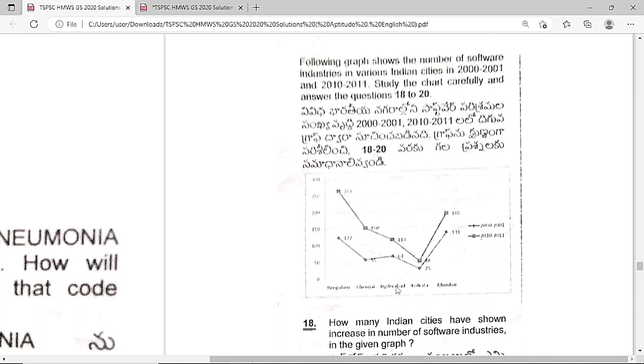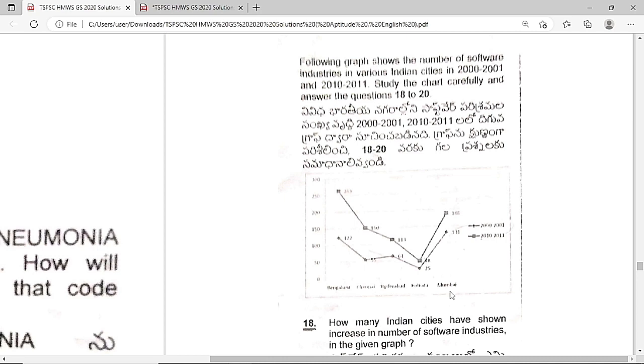Whereas in Hyderabad city, in 2000 to 2001, it has 64 software industries and in 2010 to 2011, it has 113 software industries. Whereas in Kolkata, in 2000 to 2001, it has 25 software industries, and in 2010 to 2011, it has 48 software industries.